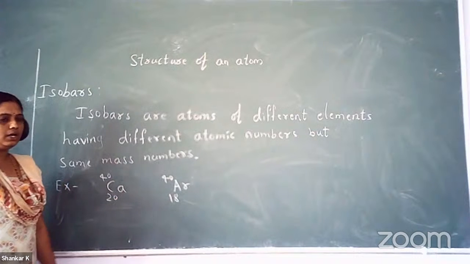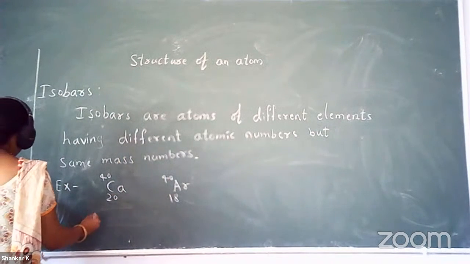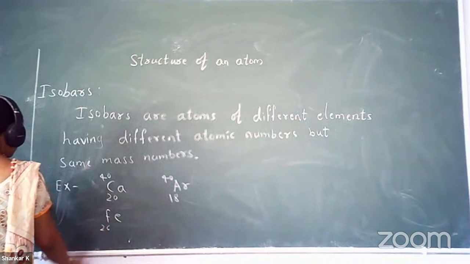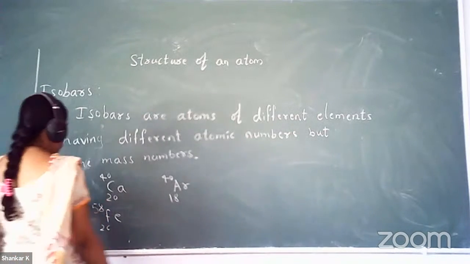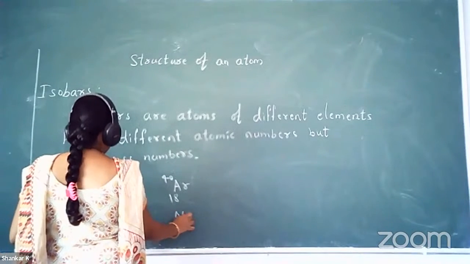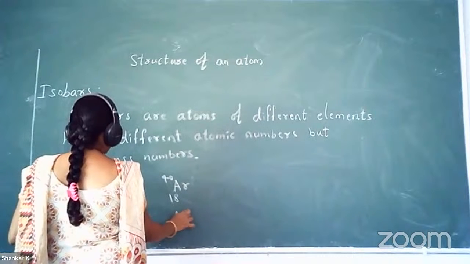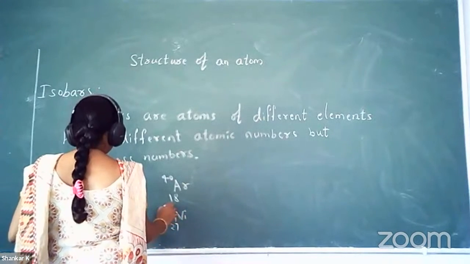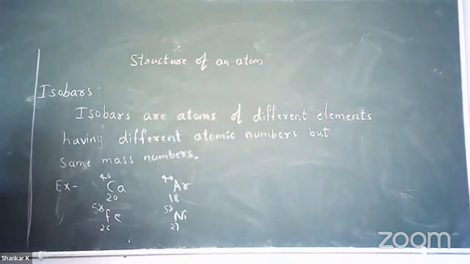Like this, are there any other elements? Again, you go to the next one, iron. Iron has atomic number 26 and mass number 58. And next, Ni. What is the element, students?